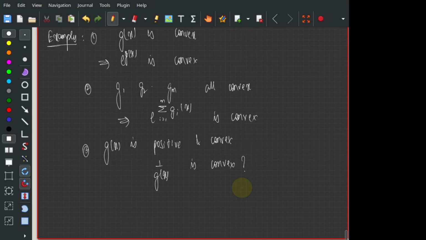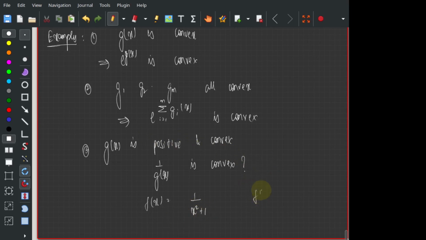So we have 1 by x square plus 1. Is that convex? At x equal to 0, yeah, it's not convex. So let's take f of x to be 1 over x square plus 1.